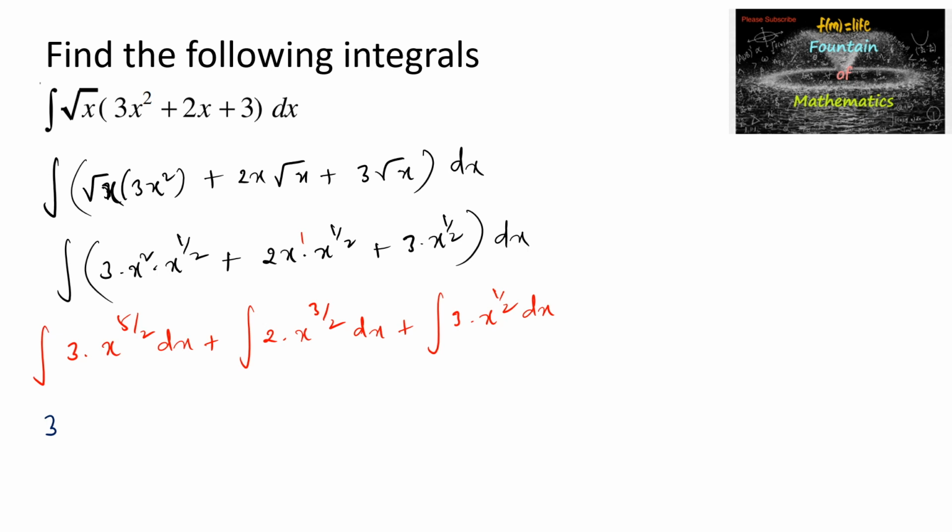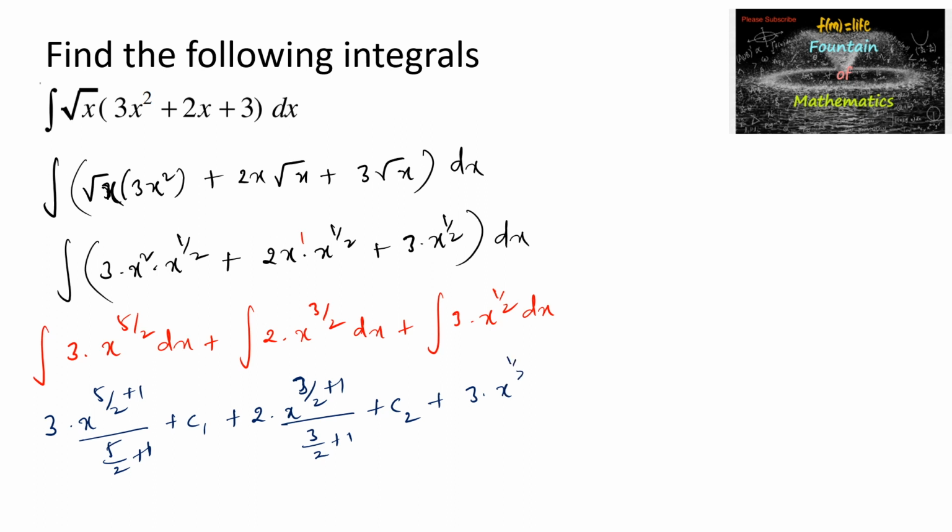So 3 times x to the power 5 by 2 plus 1 upon 5 by 2 plus 1 plus some constant c1, and again here 2 times x to the power 3 by 2 plus 1 upon 3 by 2 plus 1 plus a second constant, and again plus 3 times x to the power 1 by 2 plus 1 upon 1 by 2 plus 1 plus another constant c3.